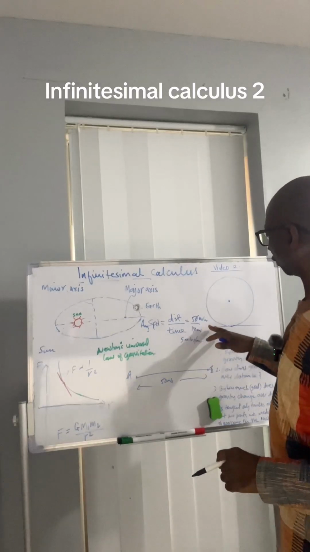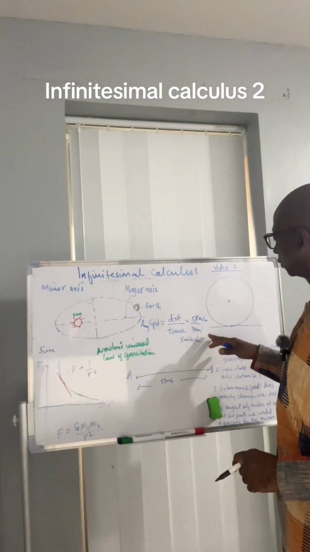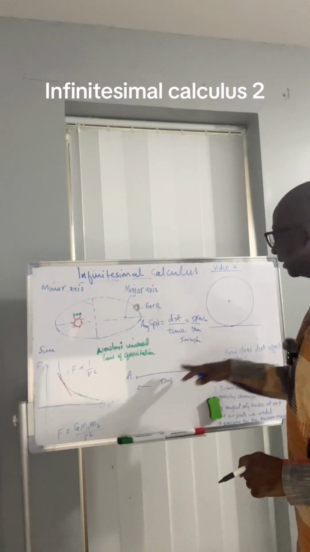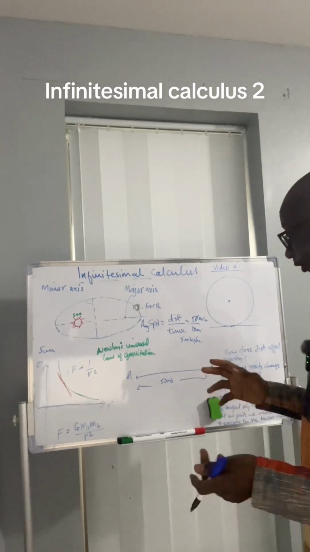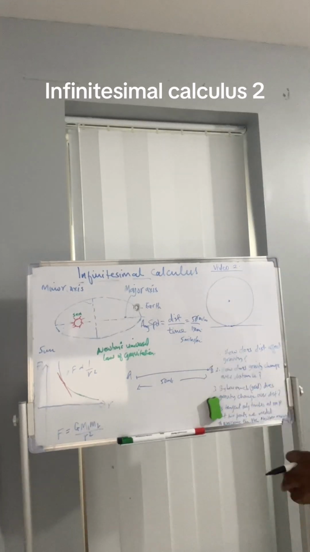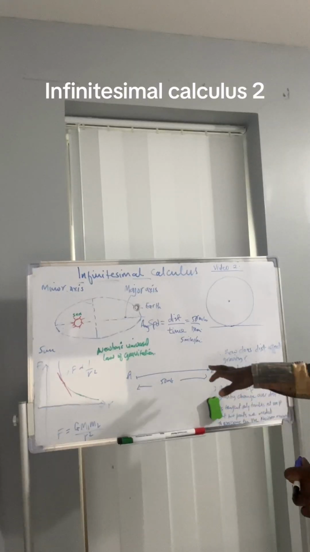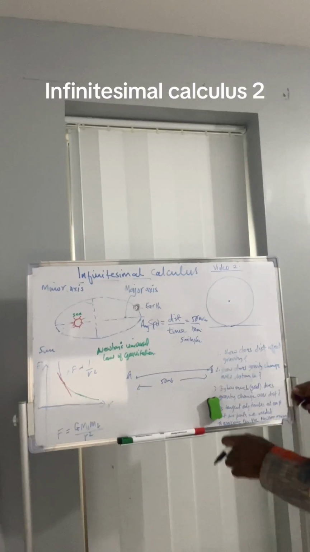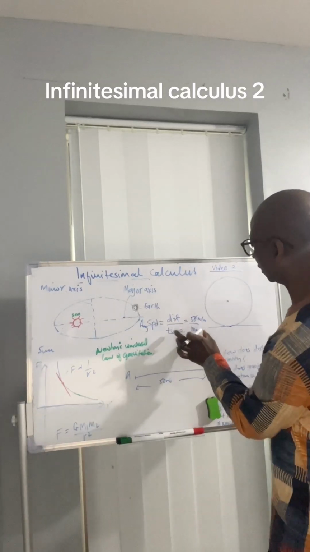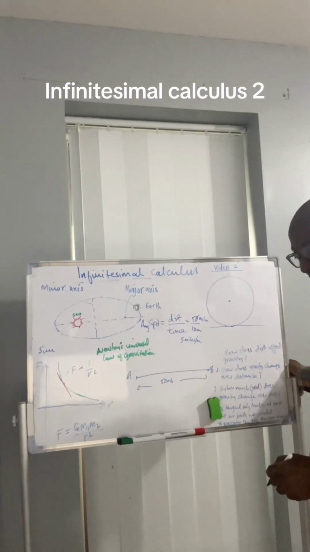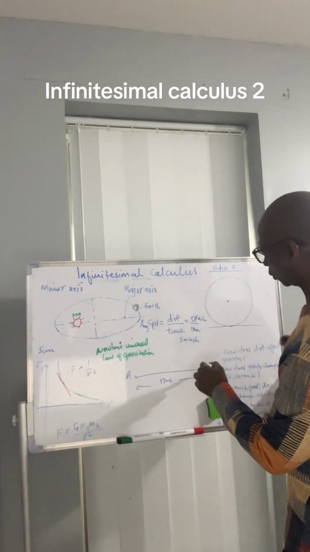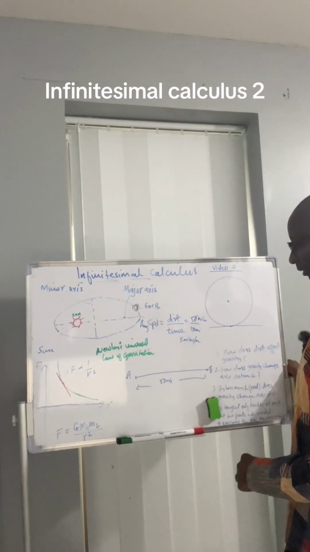And the whole journey takes you 10 minutes. I know it's an exaggeration. I'm just trying to explain things here. These 10 minutes you have taken to cover these 50 miles is from point A to point B.